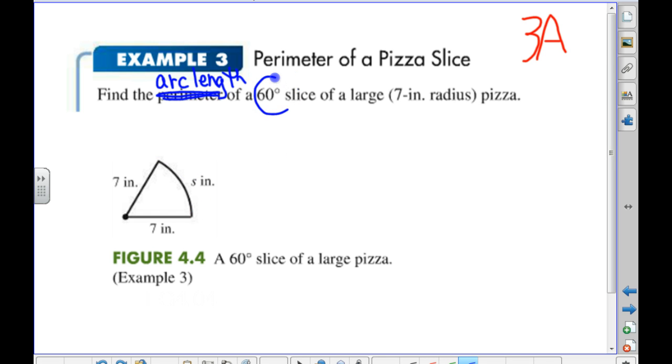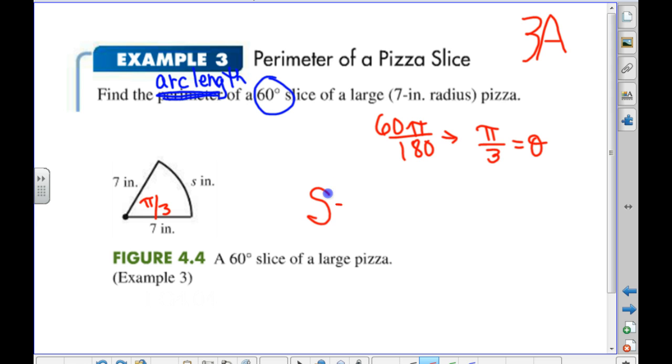If it is a 60-degree slice of pizza, we need the formula to be in what measure? Radians. How do we change 60 to radians? That formula right there. Pi over 3. That's going to be our angle in here.